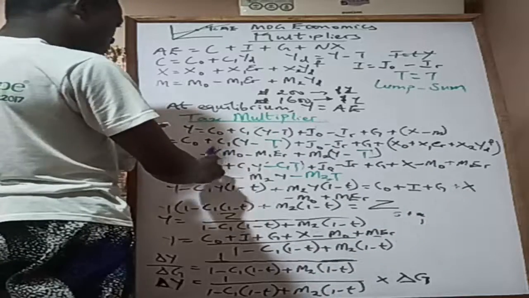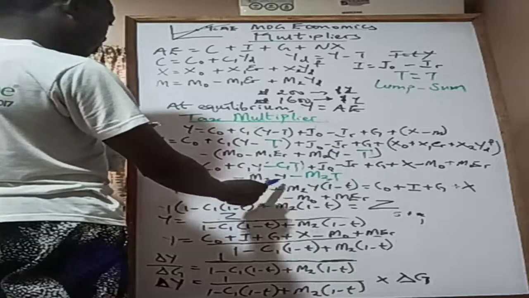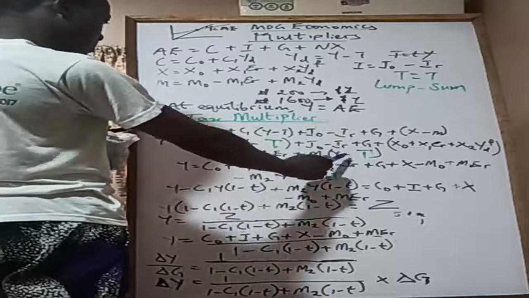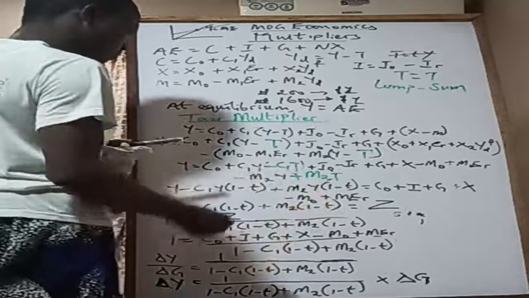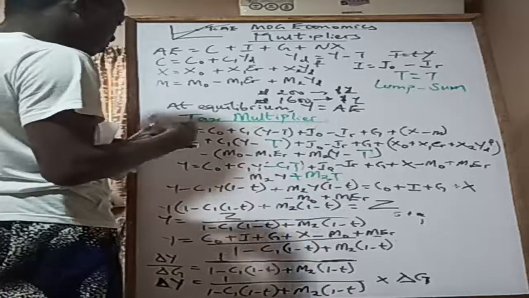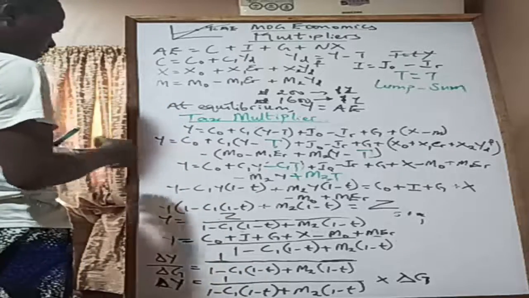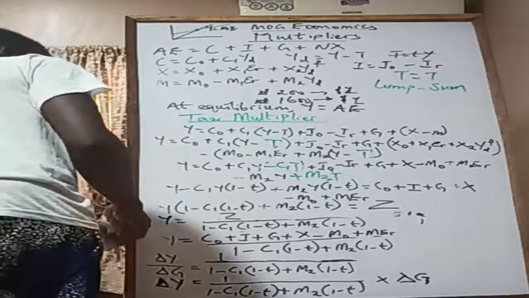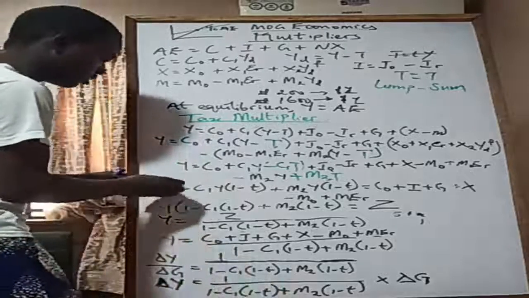Then minus times plus of this, minus M2Y plus M2Y. Then minus times minus, this is meant to be plus M2T. Okay, plus M2T. So when we get here, we are going to be having changes from here. Okay, we're going to be having changes from here.